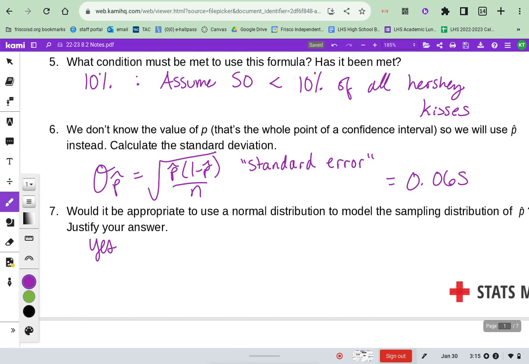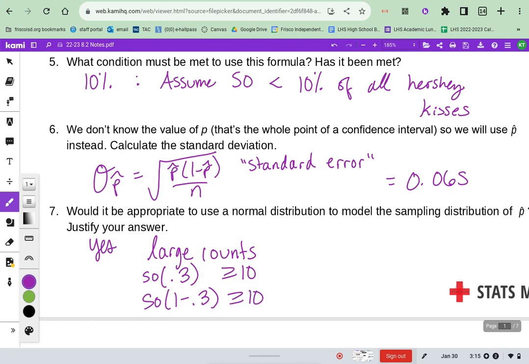And remember, because we're in proportions, for the normal condition, we have to check large counts. So you would do your sample size, so 50 times your p, so times 0.3 for me, and 50 times 1 minus your p. And make sure that these are both greater than or equal to 10.